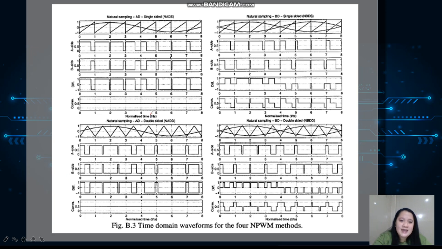So this is the NADD, as you can see, where I go to circle it here. And you can see here that it's shaped as a triangle, or you can say it as a triangular type of wave.